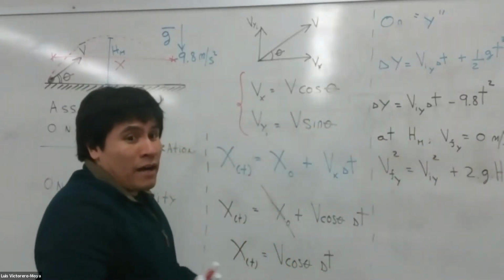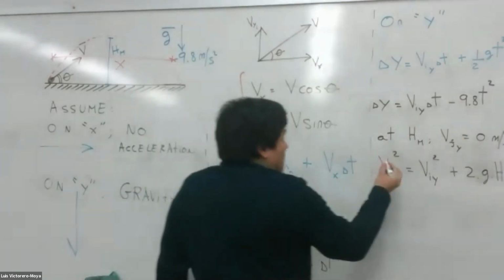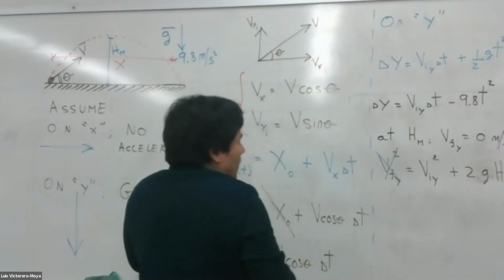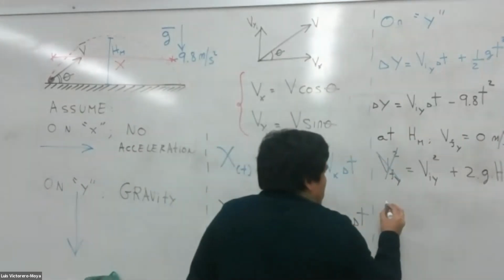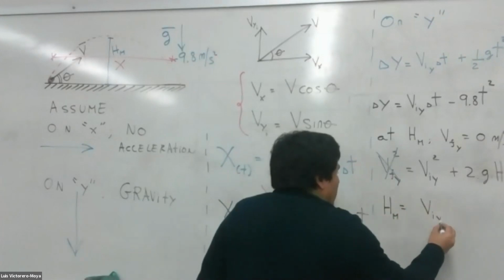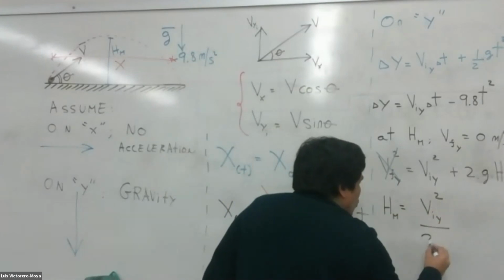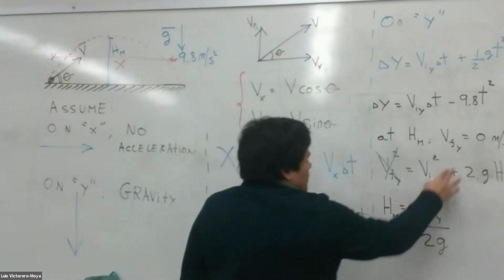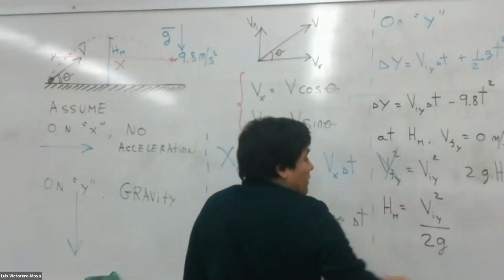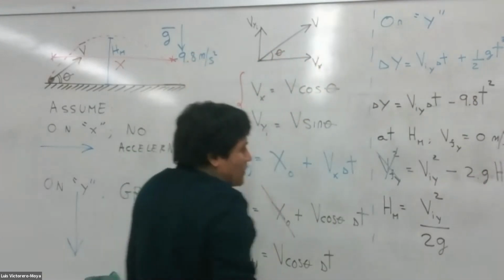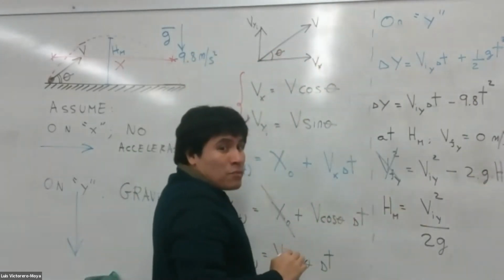I know that my V final is 0, so the maximum height is no other than the initial speed on y squared over twice the value of gravity. Why positive? Because this will become negative, due to this negative gravity. So that's the equation for maximum height.